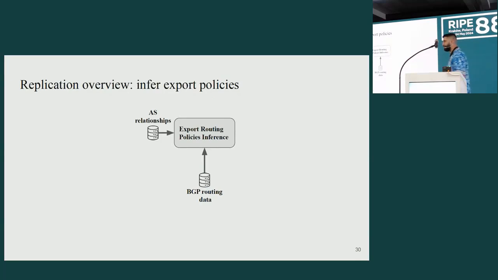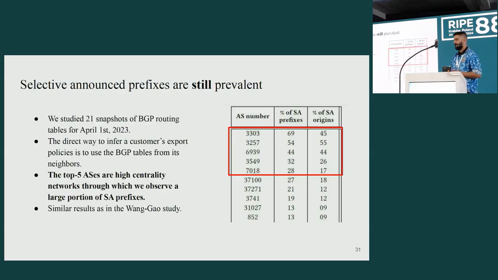Now, to study the prevalence and the persistence of selective announcements, we need to have the routing tables of the neighbors of an autonomous system, as well as the inferred AS relationships with its neighbors. What this table shows, in the left column, you can find all the vantage points which we used so that we can measure the prevalence of selective announcements in 2023.